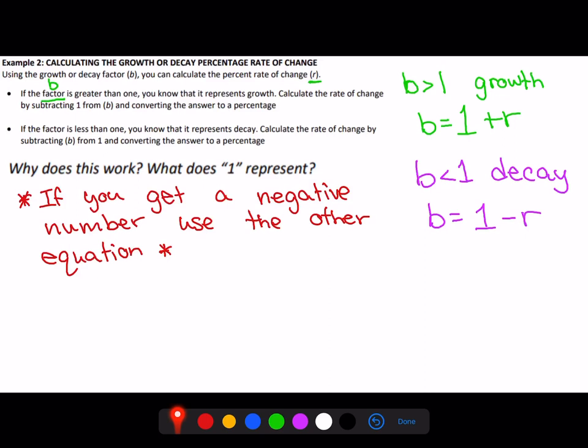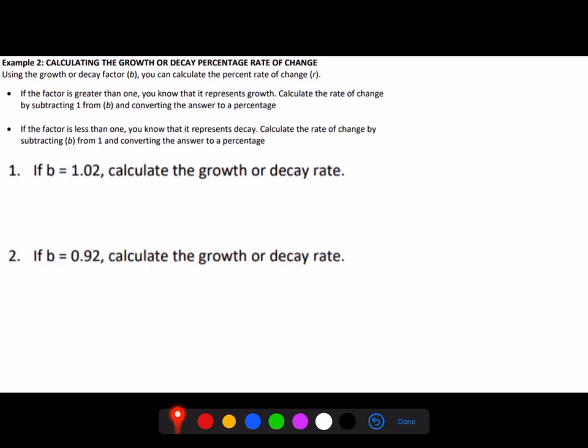All right, let's go ahead and try out some example 2 problems. So, number 1, if B is equal to 1.02, calculate the growth or decay rate. Well, first off, is this going to be growth or decay? B is equal to 1.02, and I know that 1.02 is greater than 1, so this would be a growth function.